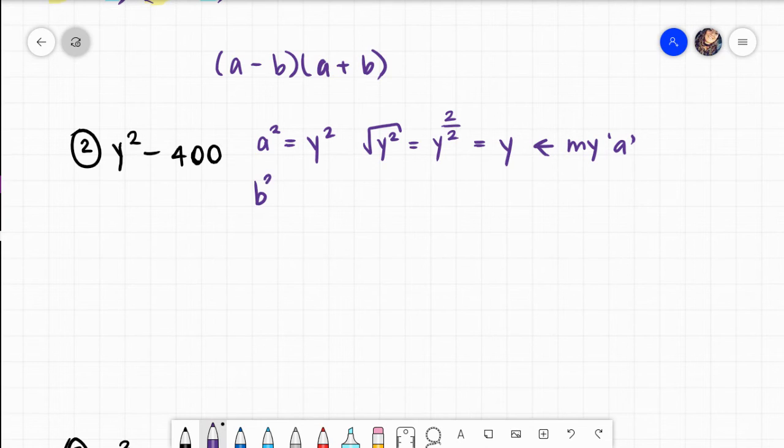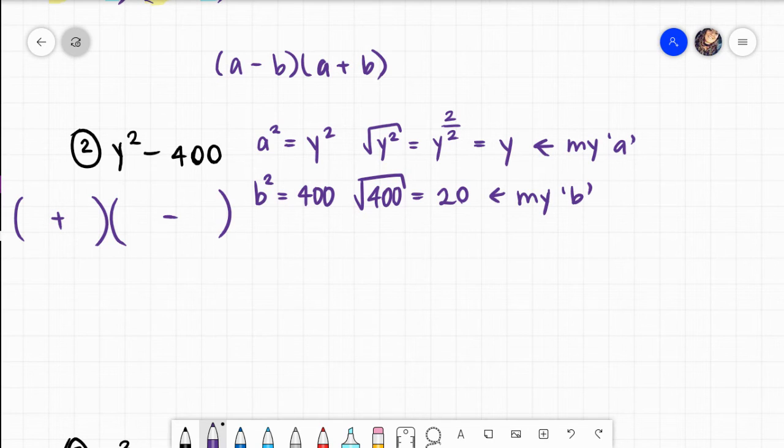Okay, let's look at our b squared term, which is 400. I know I'm going to take the square root of b squared, which is 400. I know that the square root of 400 equals 20 because I entered it into my calculator and I got a whole number. What I get here is my b. Now let's go ahead and use that template.